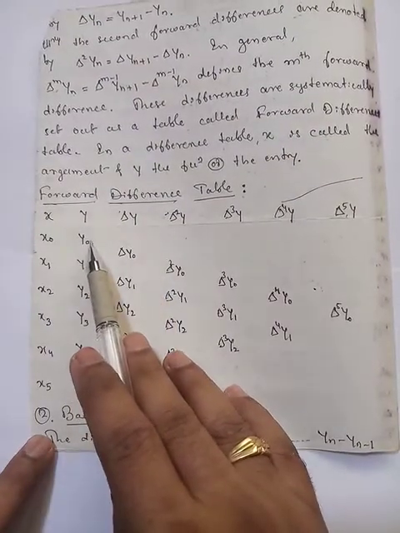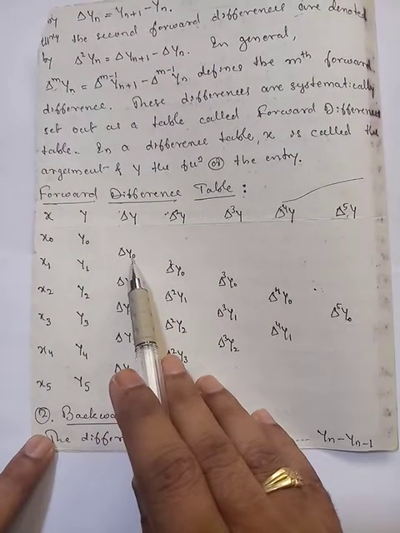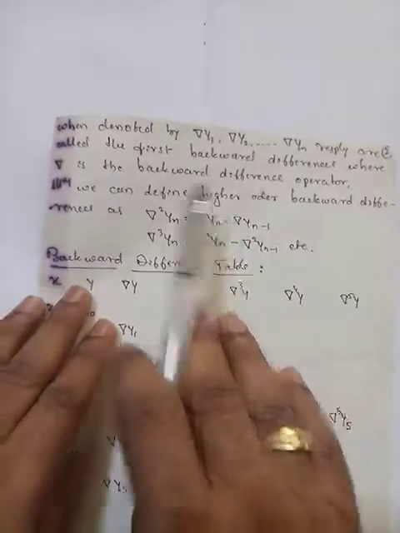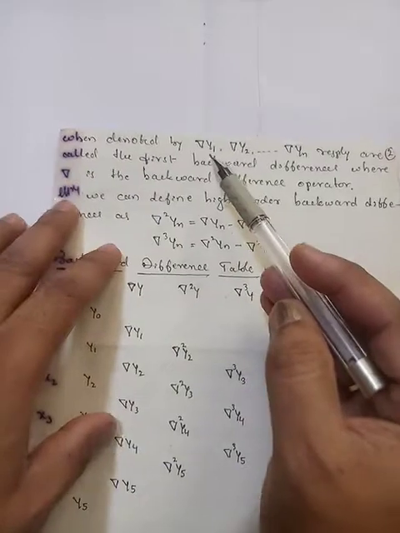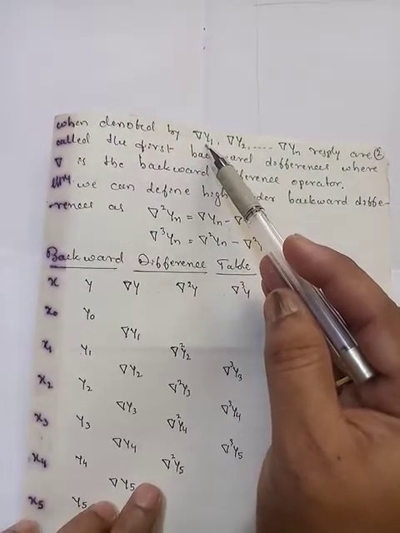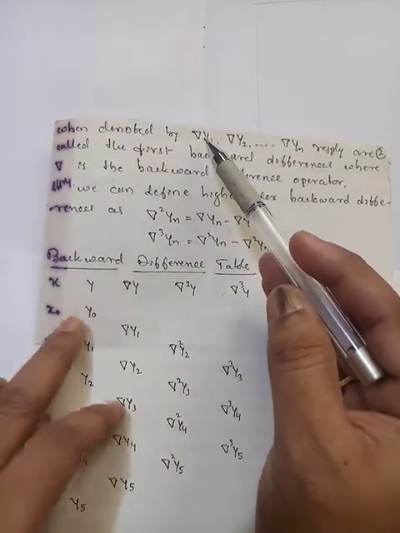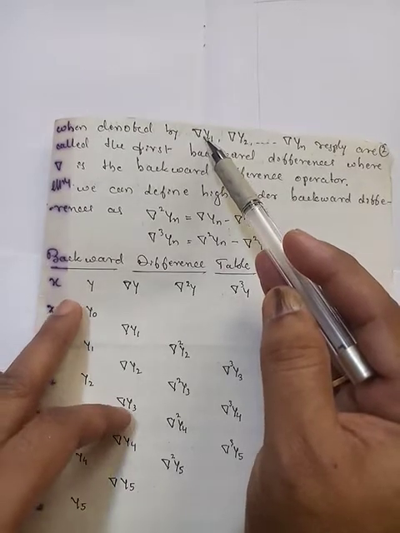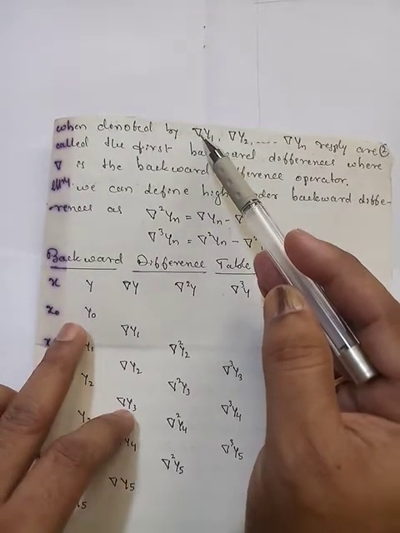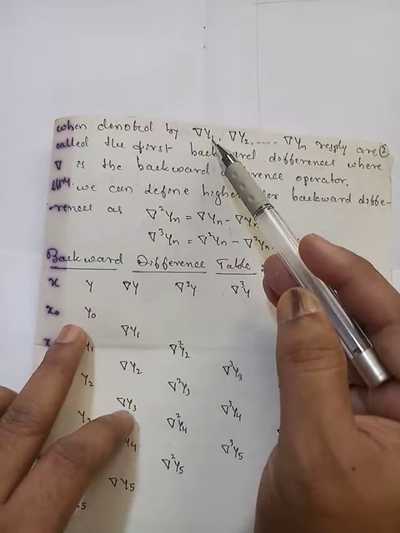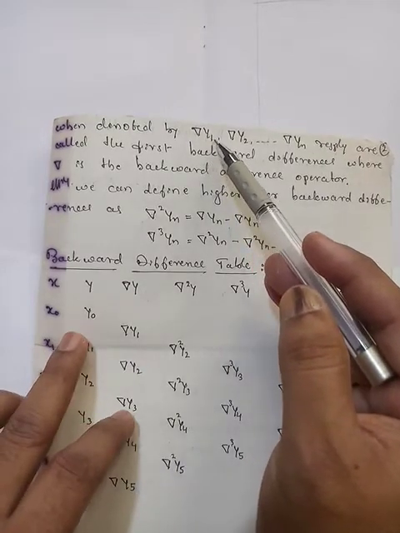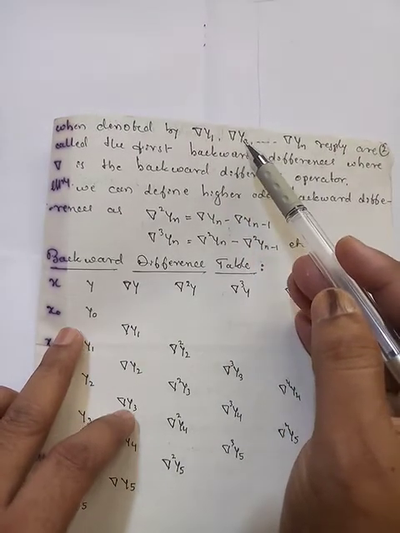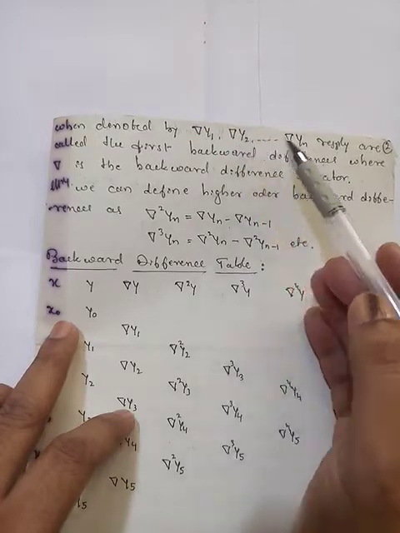Y1 minus y0 we take, and in forward differences we denote it as delta y0, but in the backward difference the notation is different. It is del y1. There the difference we call delta y0, but here it is del y1. We read this as del y1. Similarly del y2 and so on.